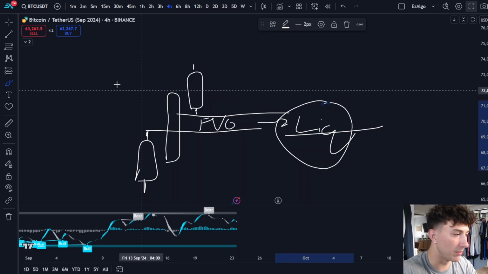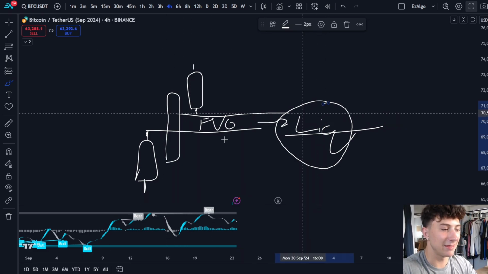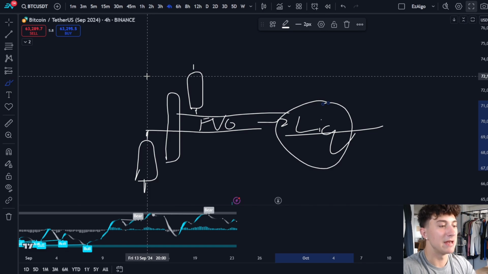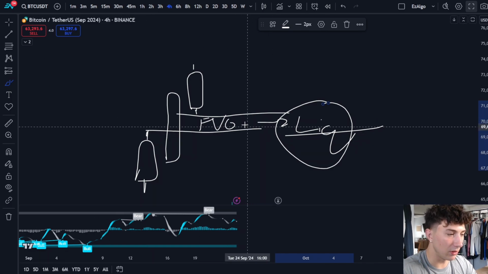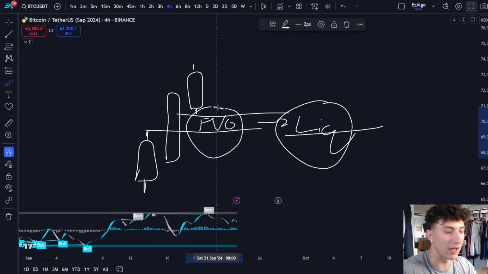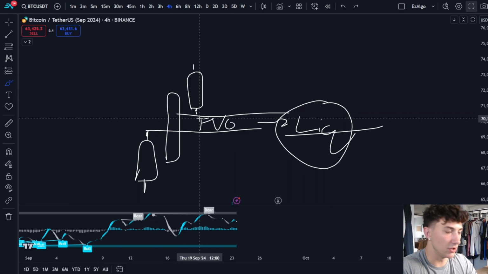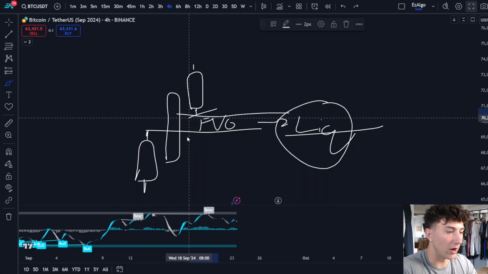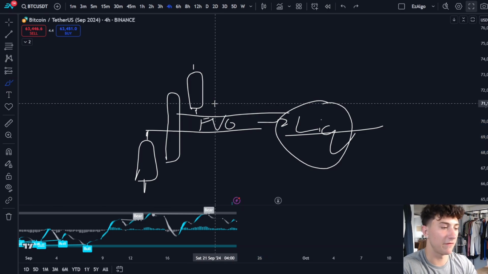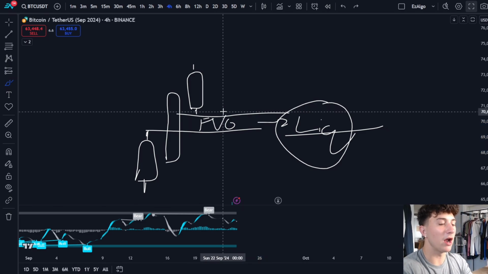But again, we're talking about FVGs. So there is, in theory, liquidity here. Because so many people are setting limits at this fair value gap, there is going to be liquidity there. Most retail traders, like me and you, who trade fair value gaps, are going to enter based off of one. So just the thought of there being liquidity in the fair value gap will make people enter there, therefore creating liquidity.